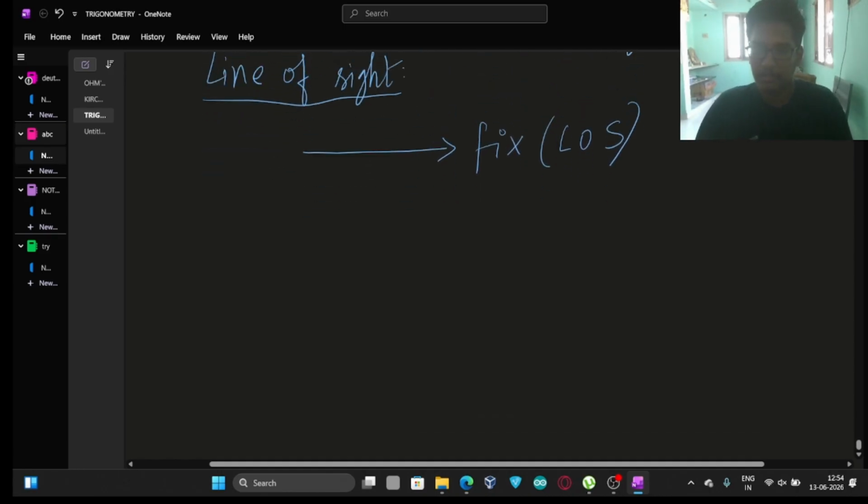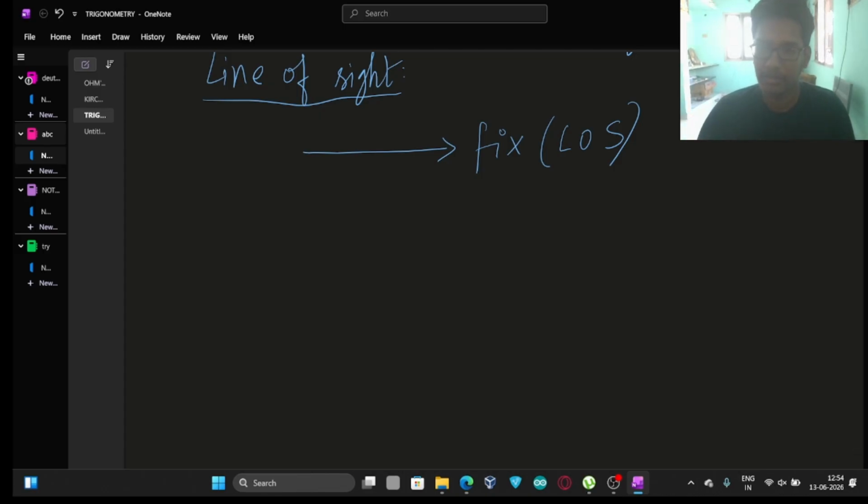Okay, so let's take an example in the form of a derivation, in order to find how heights and distances could be found using the applications of trigonometric ratios.